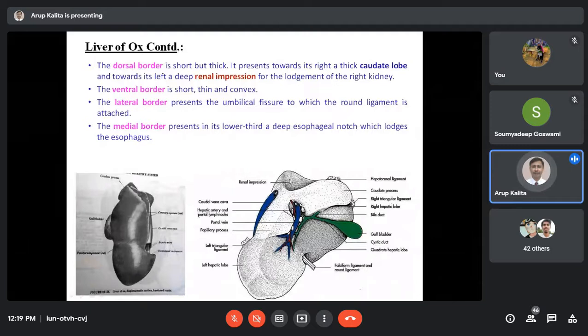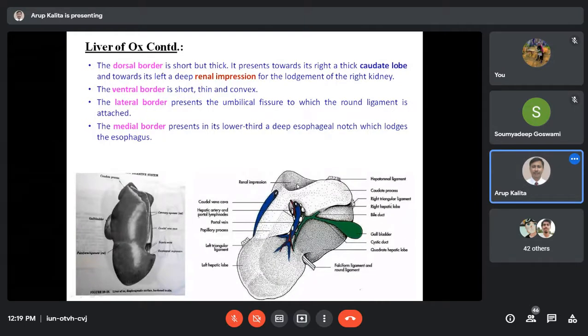Now, what is the renal impression? The right kidney is attached here. The right kidney is attached to the liver, and that impression is known as the renal impression. So on the dorsal border, you will get the renal impression.